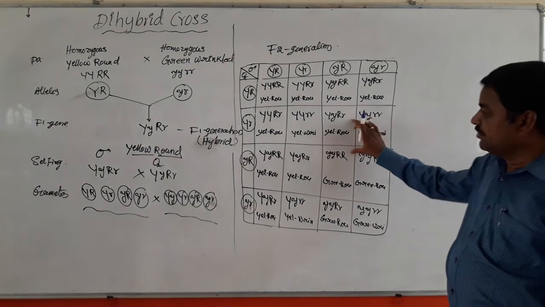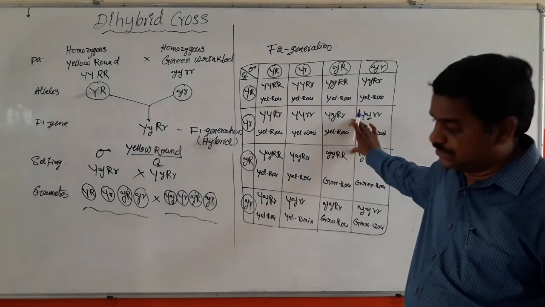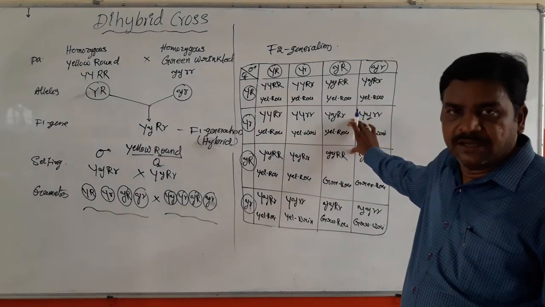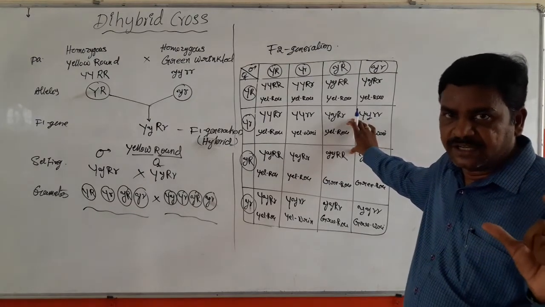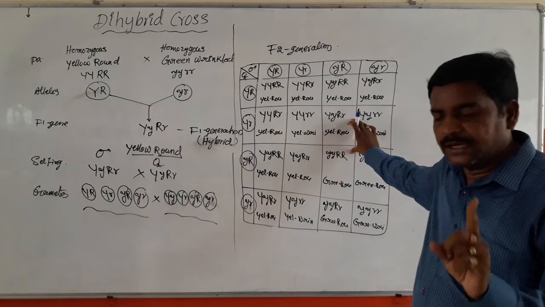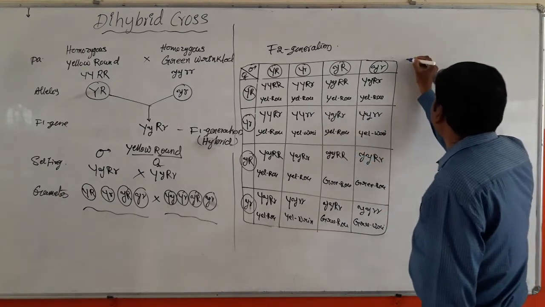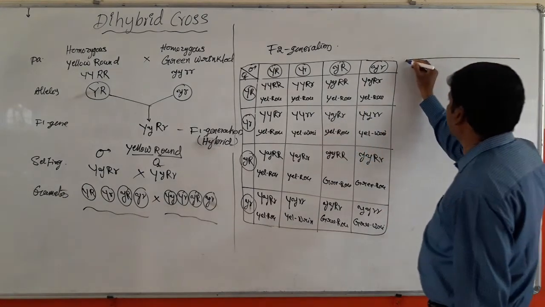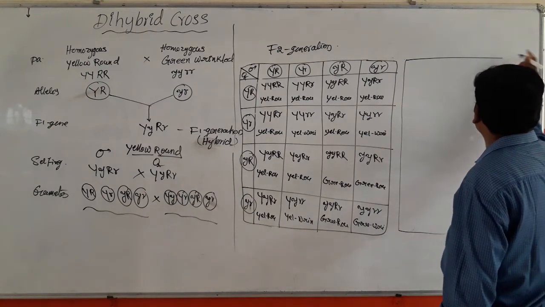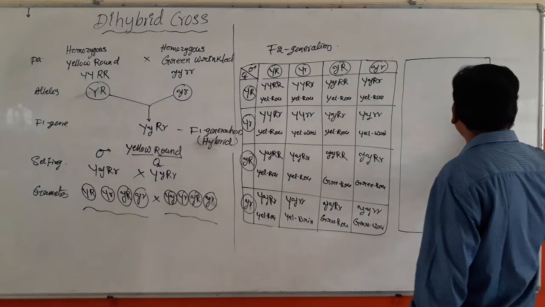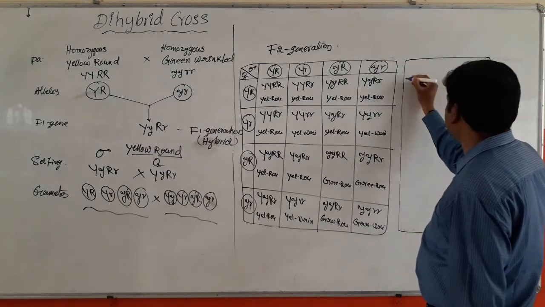To explain the genotypic and phenotypic ratios, we can use another table. Now coming to another table that explains the genotypic and phenotypic ratio of F2 progeny in dihybrid cross. Now this is the second table. This second table is very important.